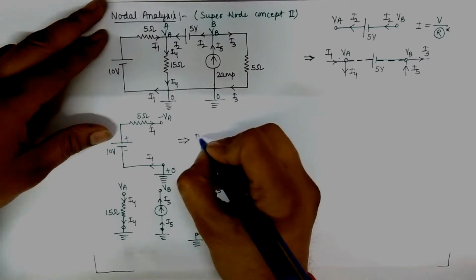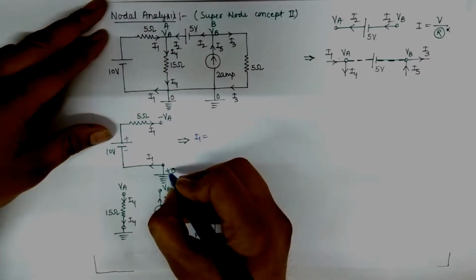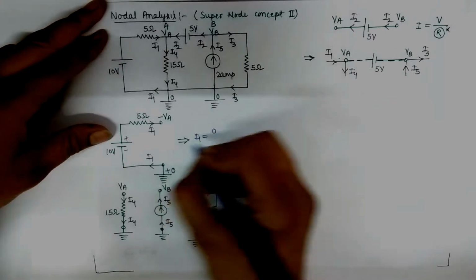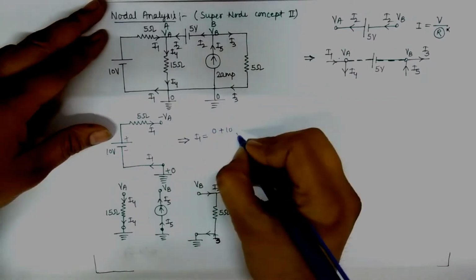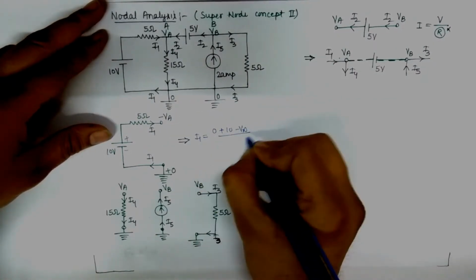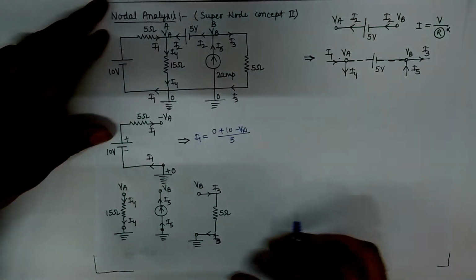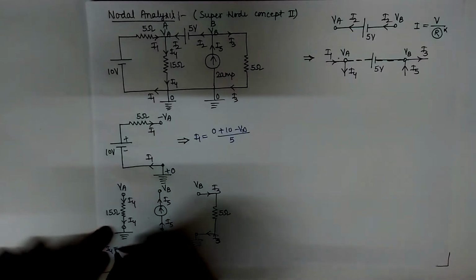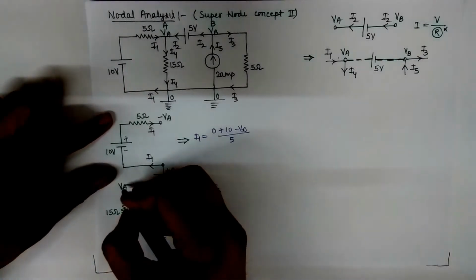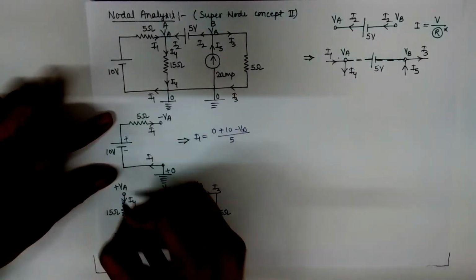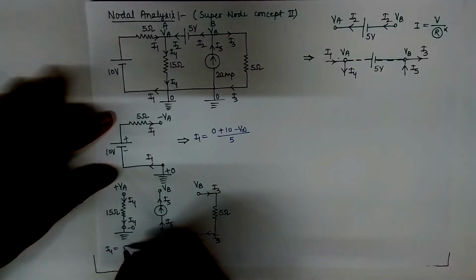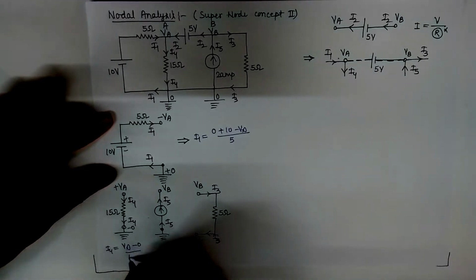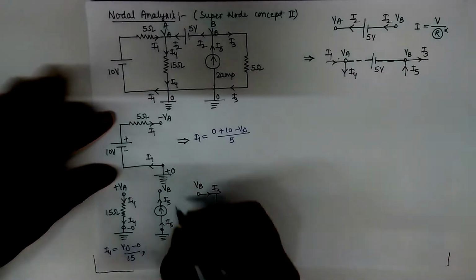For I1, starting from high potential, it would be 0 plus 10 minus VA upon 5, so it is I1. For I4, current is supplied from this node, this is positive, this is negative, it would be VA minus 0 upon 15.